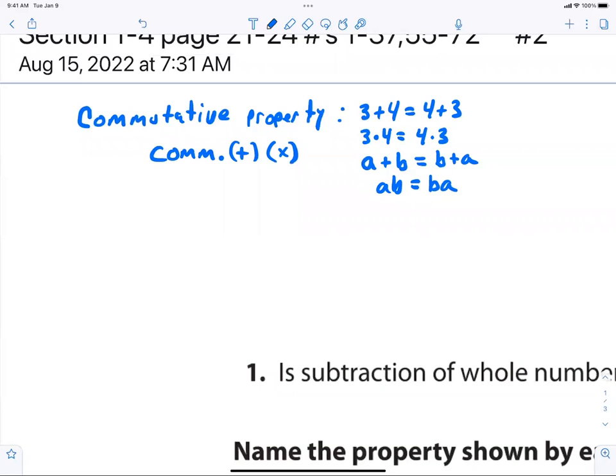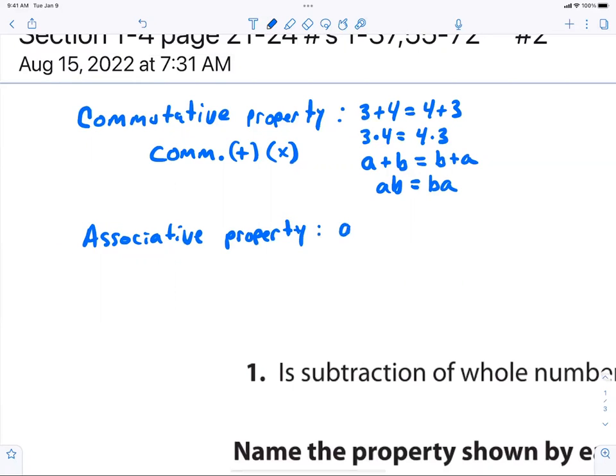Now, the next property is the associative property. I teach kids that associative is how you are grouped. So what does that mean?